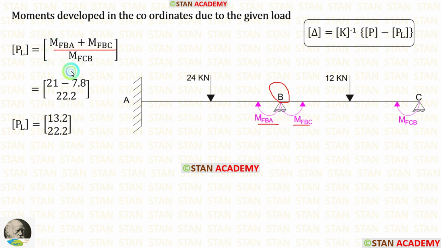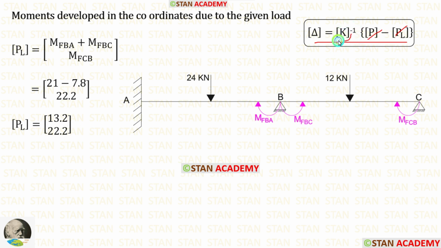We have to add both of them. After adding, we are getting 13.2. Our second coordinate is in the point C. In the point C, we have found a fixed end moment, that is M of CB. Let us apply that. In this formula, we have found PL matrix and P matrix.